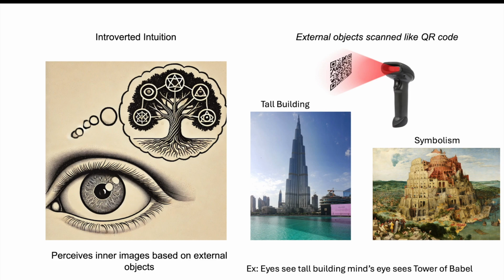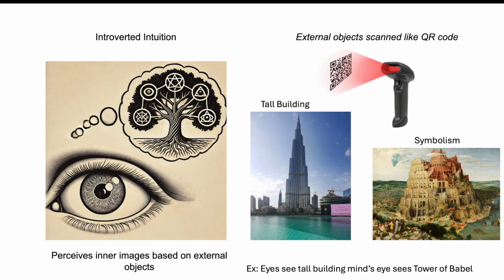To dominant, one-sided introverted intuition, all we care about is the symbolism, because we're scanning this thing like a QR code. We're looking at it with our eyes, and it's a sunny day, so you're feeling the warmth of the day. It doesn't matter. What's more important to your dominant, one-sided introverted intuition is the symbolism.